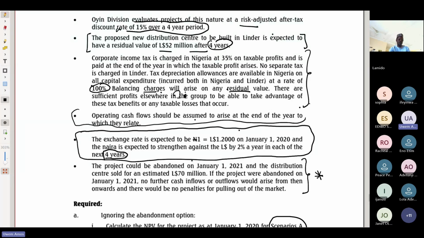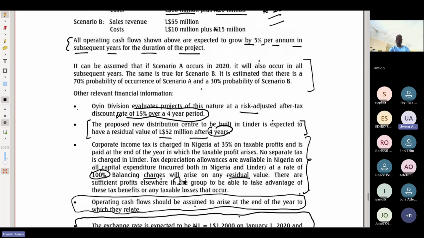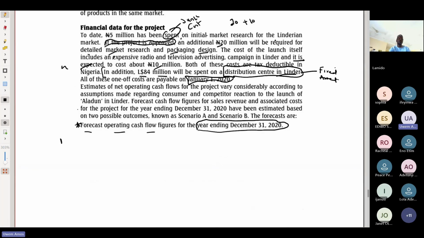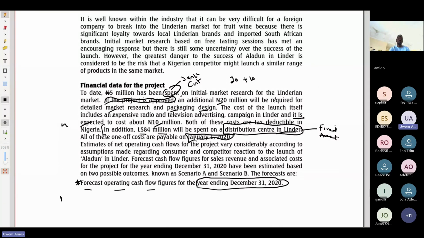Yes. It says operating cash flow, not investment, operating cash flow should be assumed to arise at the end of the year to which it relates. So the 30 million I incurred is on January 1st, so the end of the year will be end of January 2020. So that's the reason why I choose to put it under year 1.